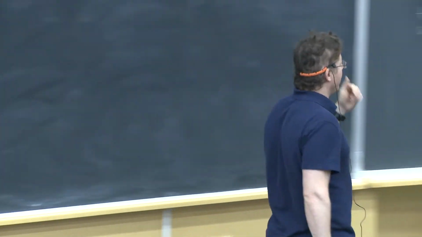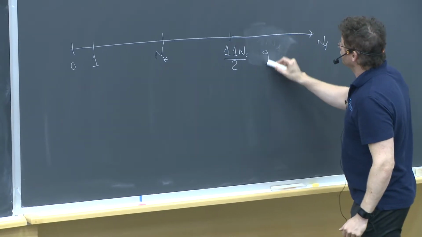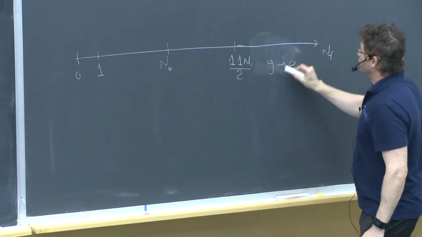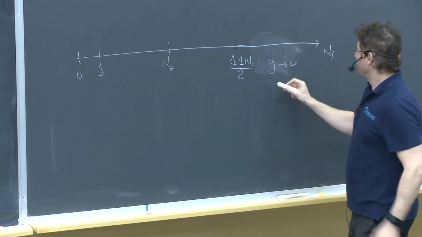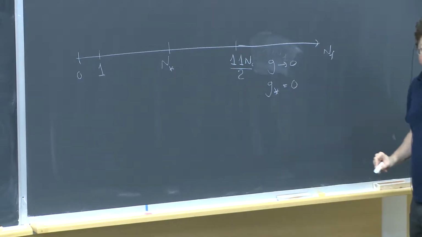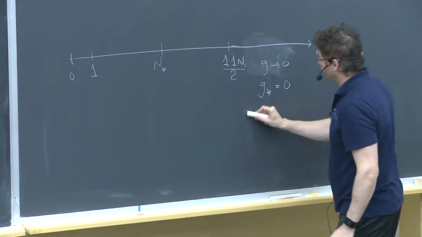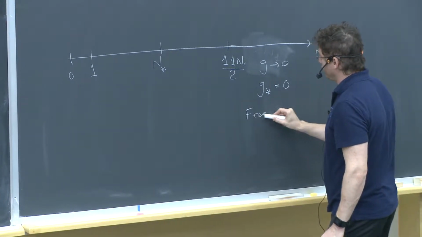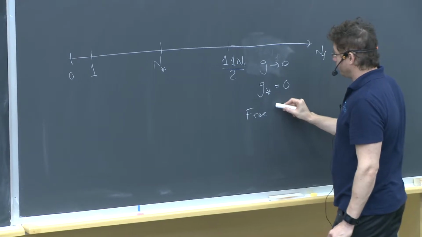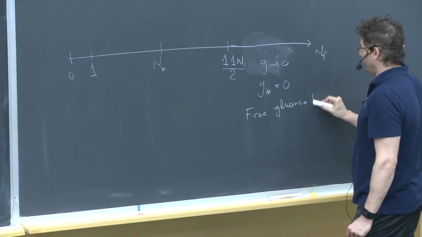So it doesn't matter what the higher corrections are in this window. And in this window, we know that g goes to 0 at low energies. So our fixed point has g star equals 0. And therefore, this is a theory of free gauge fields, or free gluons if you want, and free quarks.